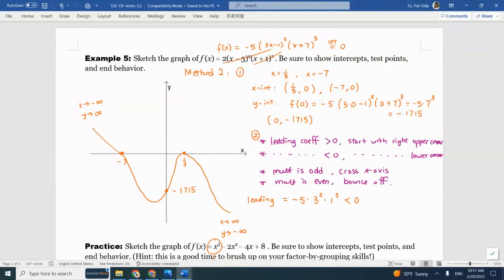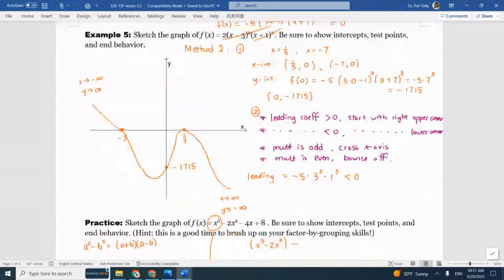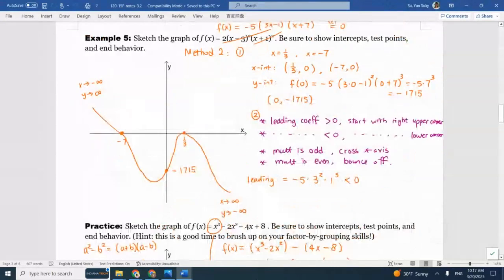And you connect this point, and then you connect this point, it corresponds to the factor x plus 7. And the cube is odd, so we cross. Okay, everybody? And this is good. So this method is good in general, especially when your problem is more complicated. Okay, everybody? So keep this in mind.